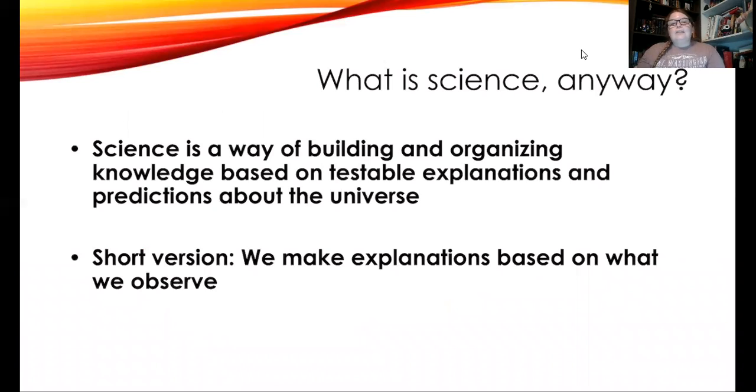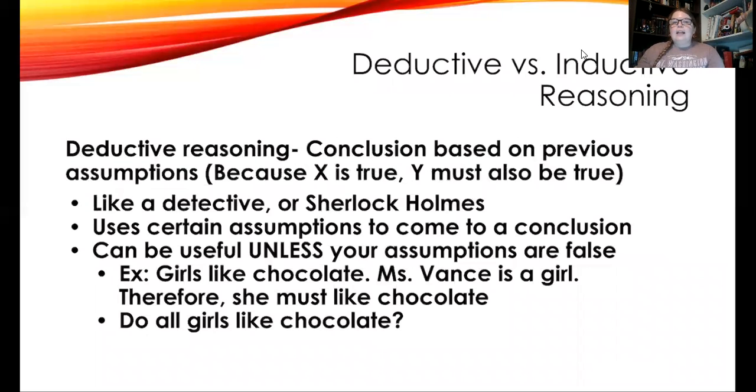So science, like we said, is just a way of building and organizing knowledge based on testable explanations and predictions about the universe. So in short, we're just making explanations based on what we observe. And we didn't always used to do this. Back in the day, they used something called deductive reasoning.